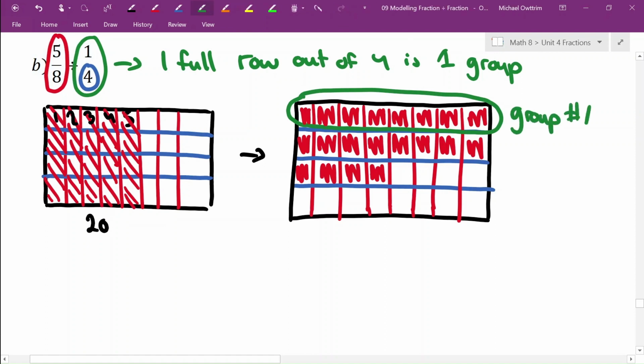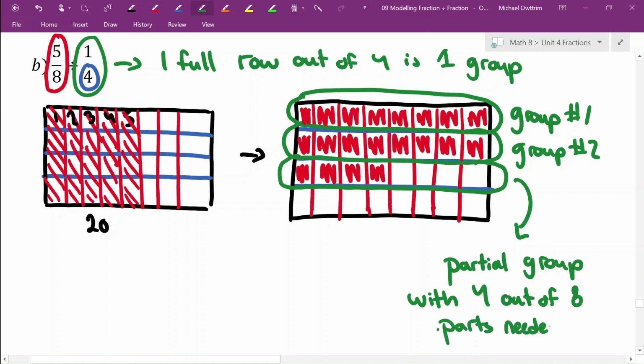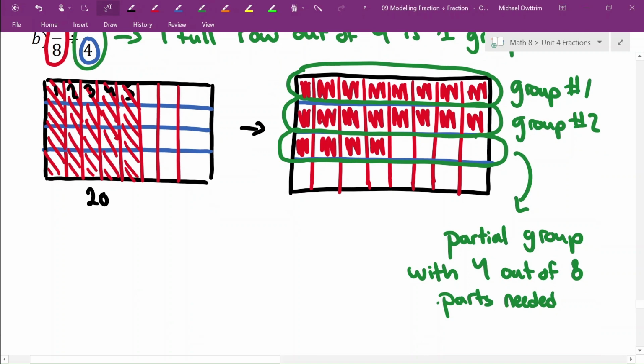Here's a second full group. And then we do have a partial group in this question. In our partial group, we have 4 out of the 8 parts in that row. And of course, that row is a full group.